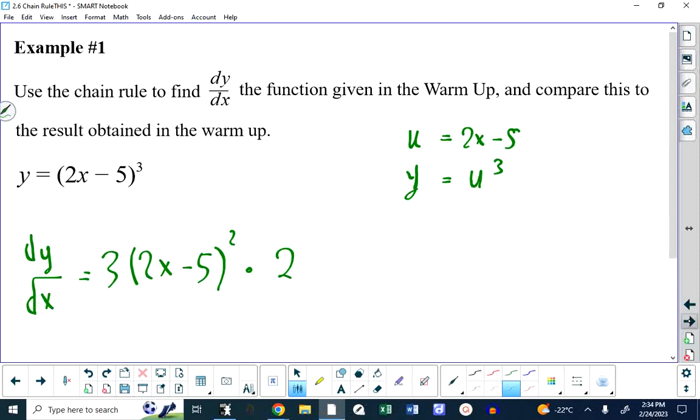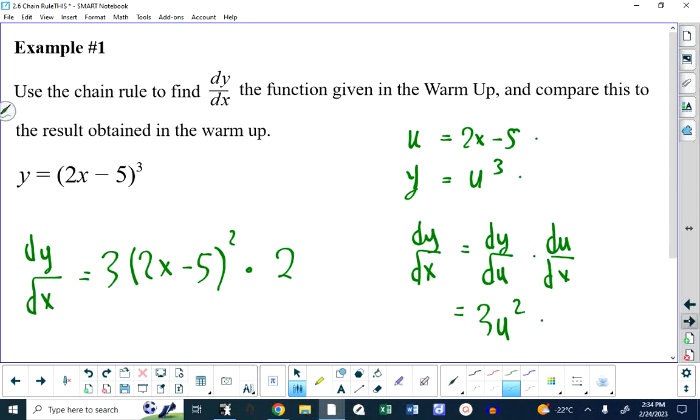Then they will say the chain rule says I want to find dy/dx, which is dy/du times du/dx. So they'll differentiate this to get dy/du, which is what I have over there. Times they'll differentiate this to get 2, and then they will resubstitute in the 2x minus 5.